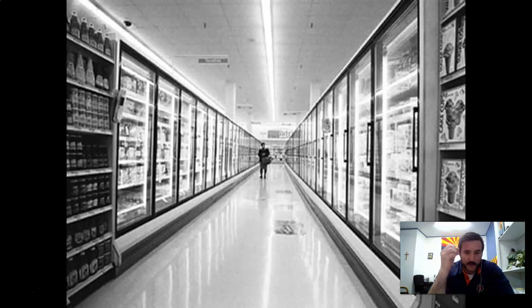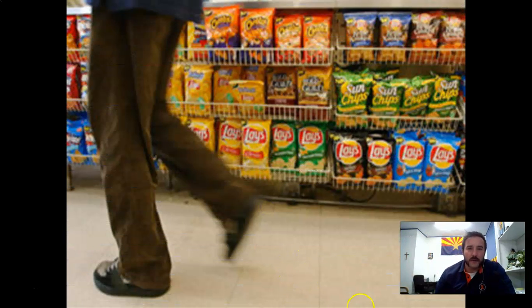Here's a couple chips. Here's a couple things of paper plates and paper towels. Oh, here's a couple fruit, bananas and pears and stuff. And oh, right next door to that is some cereal. They don't just have a mismatch of stuff in the aisle. They have it nice and sorted.